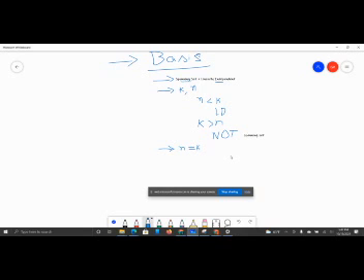And I use this word dimension. The number of elements in a basis is called its dimension. So we discussed one basis of C2, and we call this the standard basis.